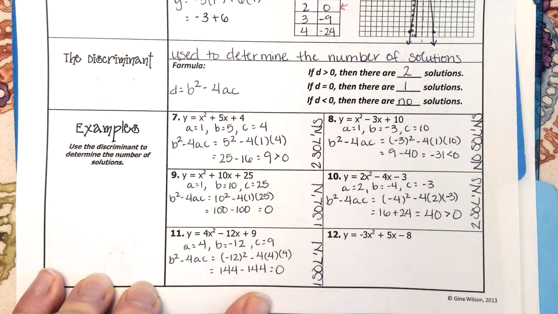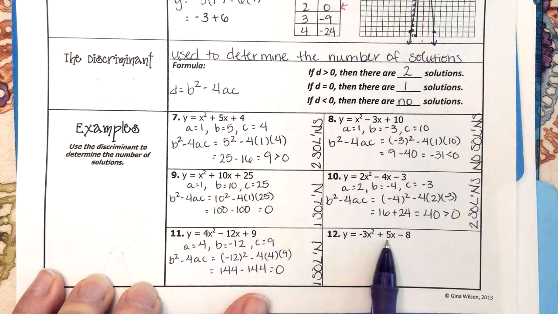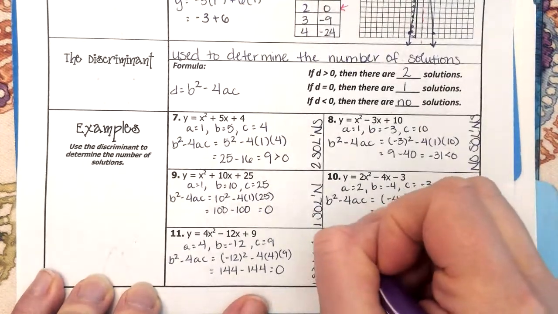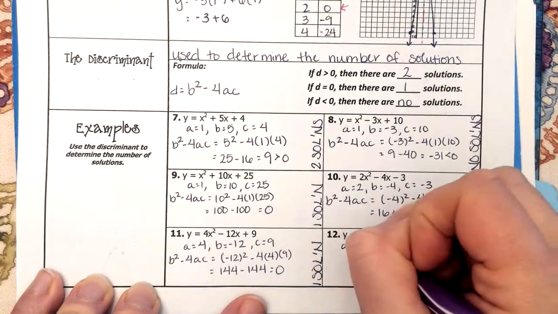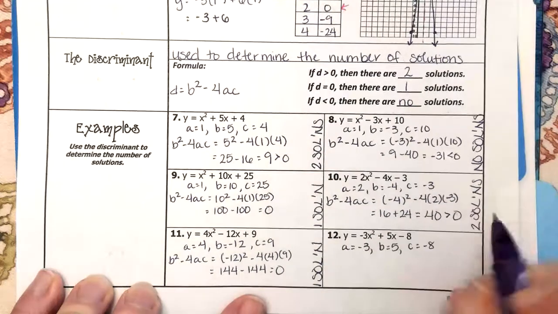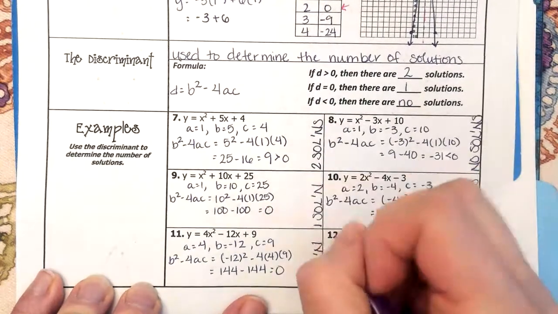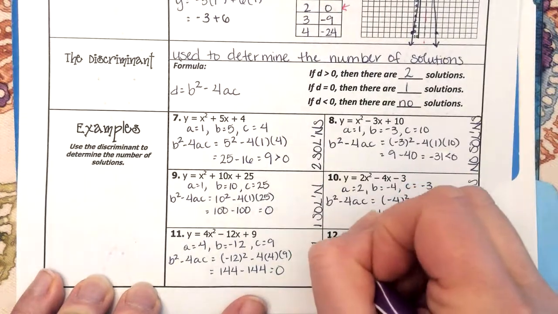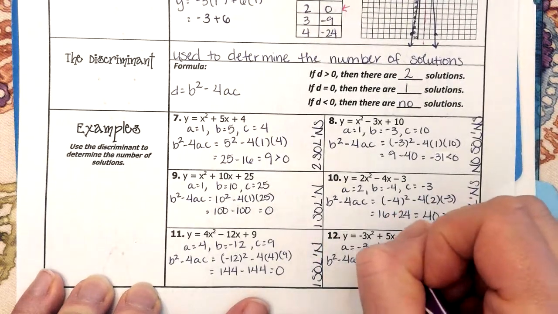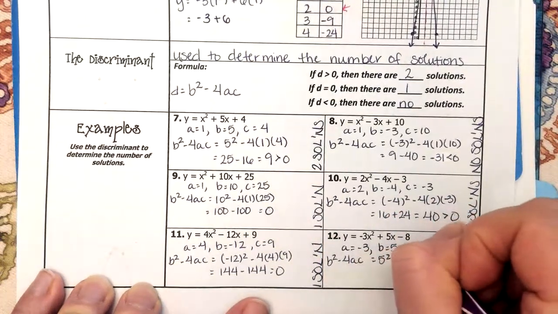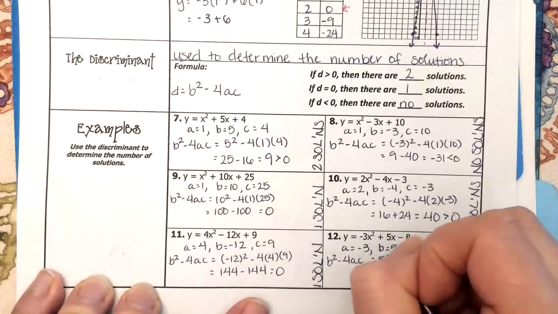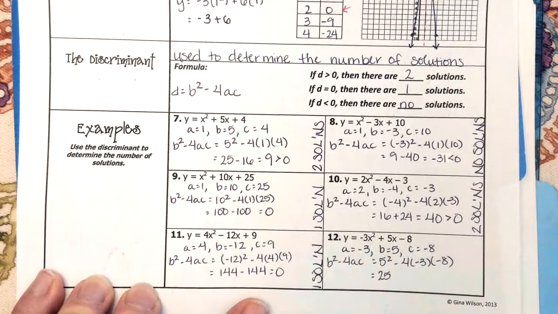And lastly, number 12, y equals negative 3x squared plus 5x minus 8. My A value is negative 3, my B value is 5, my C value is negative 8. So my discriminant, B squared minus 4ac, equals 5 squared minus 4 times negative 3 times negative 8. 5 squared is 25.